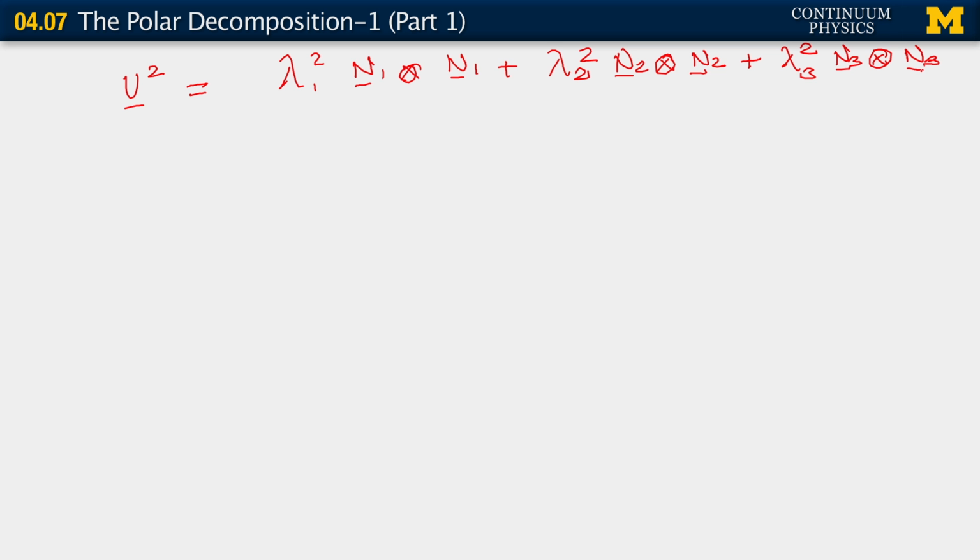Okay? All right? So now let's compare with C, which we wrote as the sum over i equals 1 to 3, lambda Ci square.